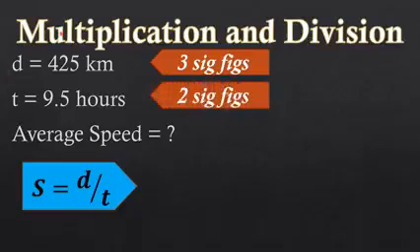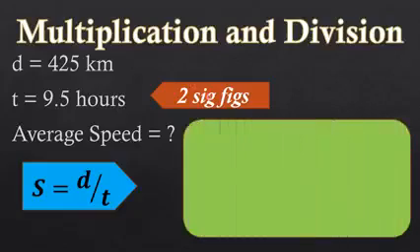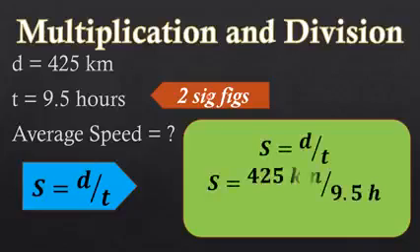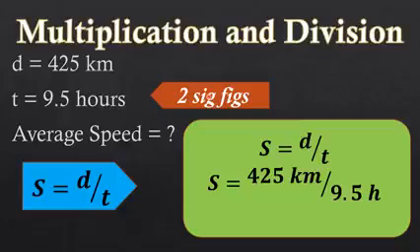So analyze the significant figures involved. In 425, meron tayong tatlong significant figures ng distance, and we have 2 significant figures ng time. Okay? So here, yung magiging final quotient must possess 2 significant figures. Kasi siya yung pinaka maliit. Okay? So let's divide. 425 divided by 9.5. And the answer is 44.7368 kilometers per hour.